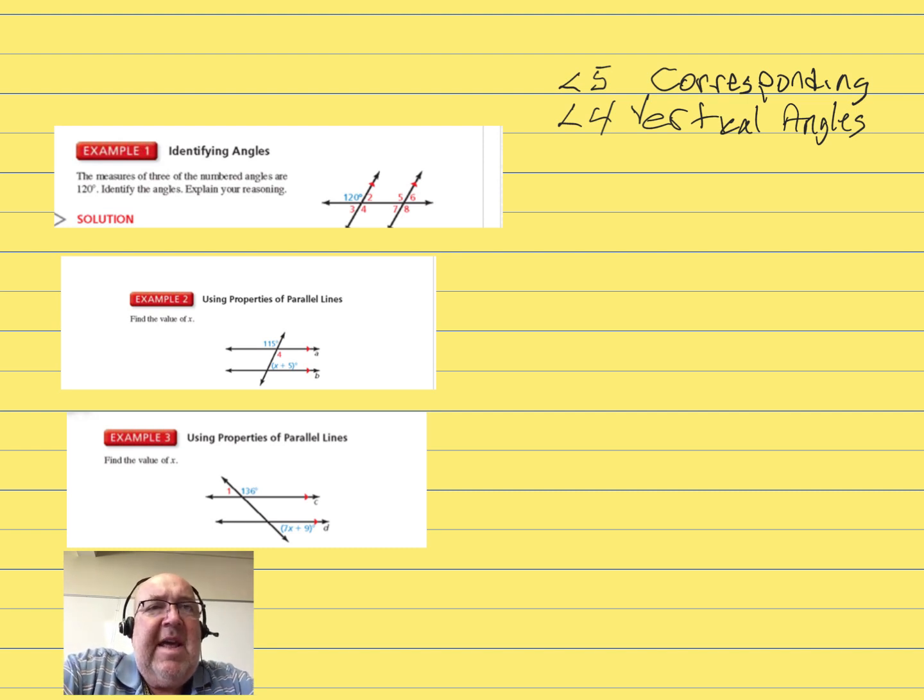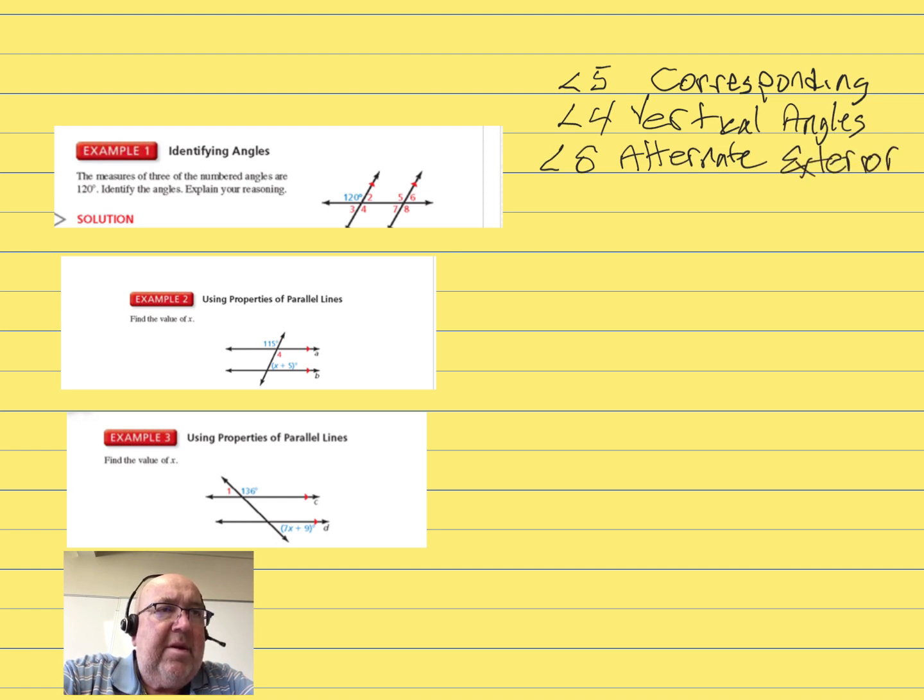And we know that angle 8 is equal to 120 degrees because of alternate exterior angles. With all of that being said, then we can tell that angles 4, 5, and 8 have a measure of 120 degrees.